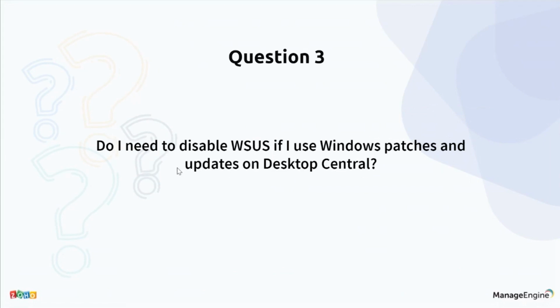Moving on to the question, do I need to disable WSUS if I use Windows patches and updates on Desktop Central? The answer is no. You don't have to disable the WSUS, but please understand that Desktop Central does not require the WSUS and has its own patch repository. So we would recommend you to disable WSUS.